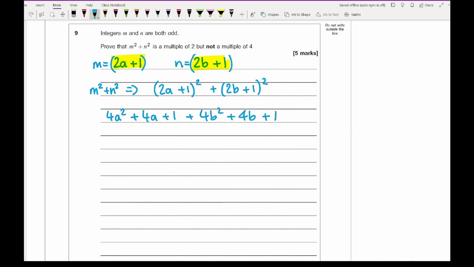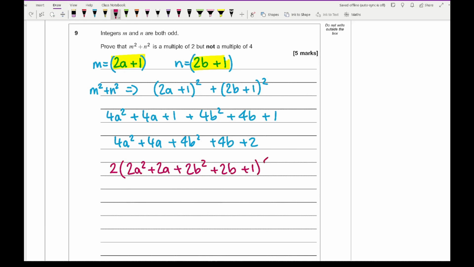Now I can neaten all of this up, so I get 4a squared plus 4a plus 4b squared plus 4b plus 2. From this, I can factorize by taking a 2 out, so I end up with 2 times (2a squared plus 2a plus 2b squared plus 2b plus 1).